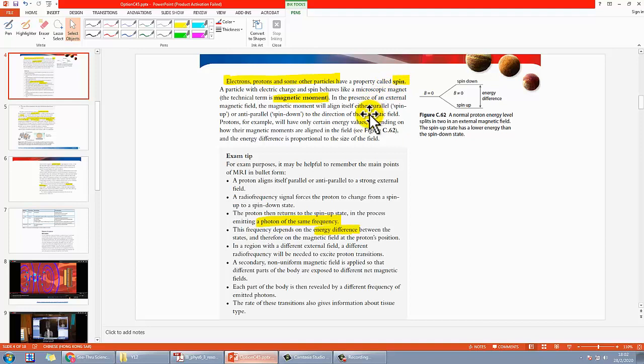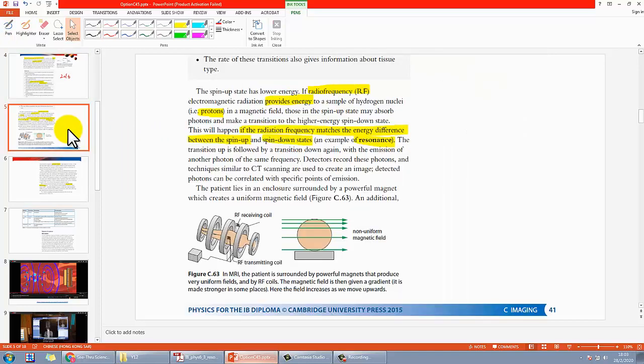All right, in the past, if you try to read some past papers before 2016, spin was one of the properties of particles in particle physics. And now it's been out of the syllabus already.